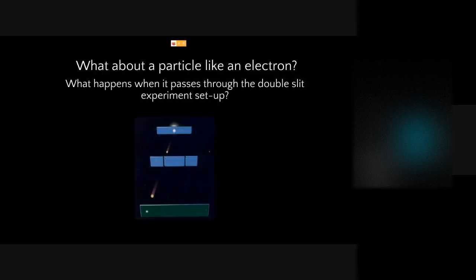So let's just go through some basics. So we know that electron is a particle, and we all know the double slit experiment as well. Basically, there is a source of electrons, and then there's a strip with two cuts in it, and then we see where the electron lands on the screen.